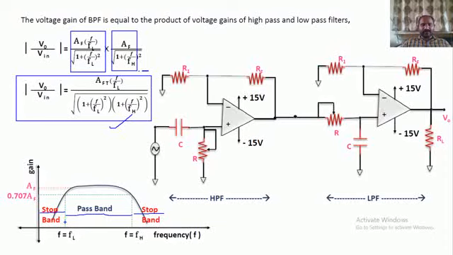From there we draw a perpendicular line to find the low cutoff frequency and the high cutoff frequency. So this is the graphical response of this wide band pass filter.